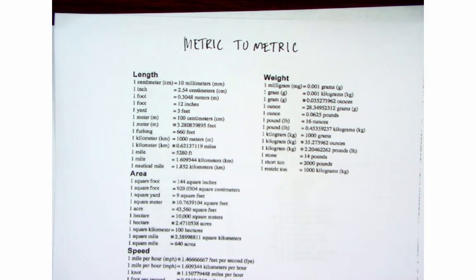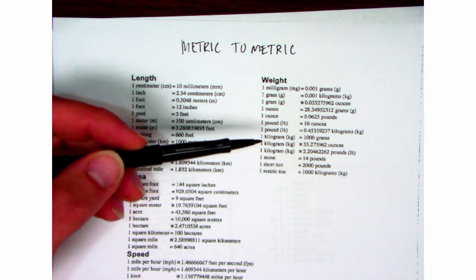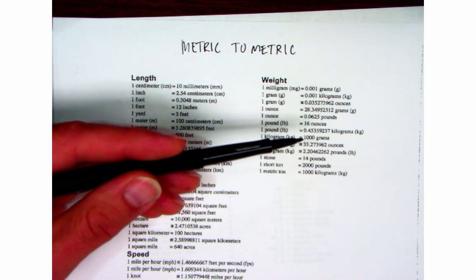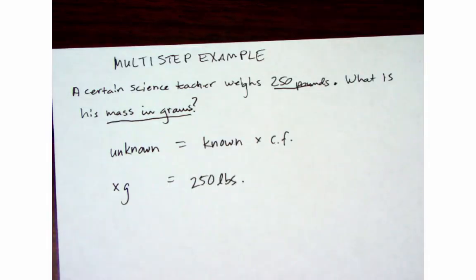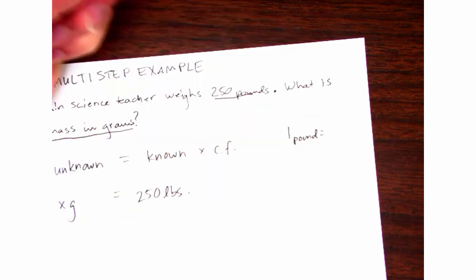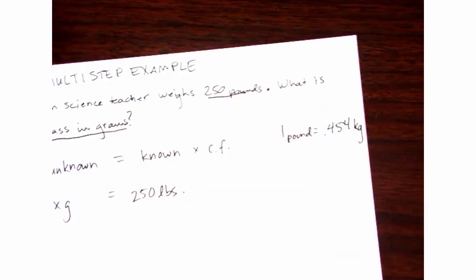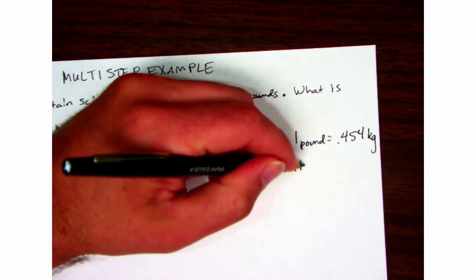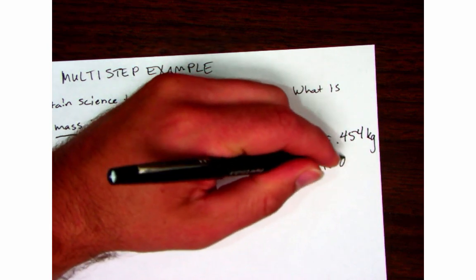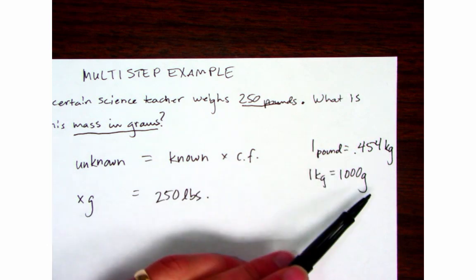But if I look at this sheet, I can see that 1 kilogram is the same thing as 1,000 grams. So here's what I know. I know that 1 pound equals 0.454 kilograms. And I also know that 1 kilogram equals 1,000 grams. So I know pounds, and I want to get to grams.